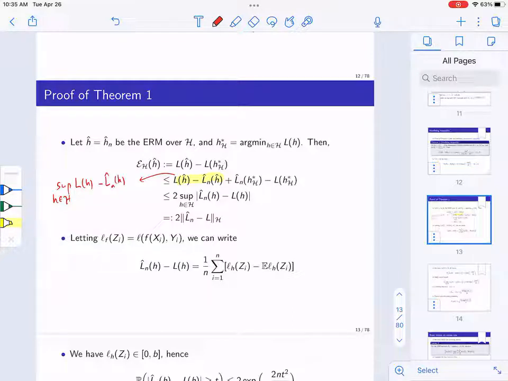And then this term, because it's evaluating things at a single function, can be controlled by the usual Hoeffding. The issue with the other term was that I'm evaluating something random at a random function that depends on it, which is hard to deal with, so we bound it by the supremum. This one we can bound using just Hoeffding if the loss is bounded. If you go through this, everything works out in terms of the supremum, which is like the one-sided Rademacher complexity. So you can get things done.